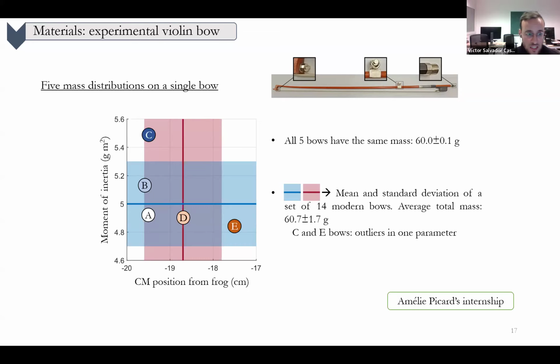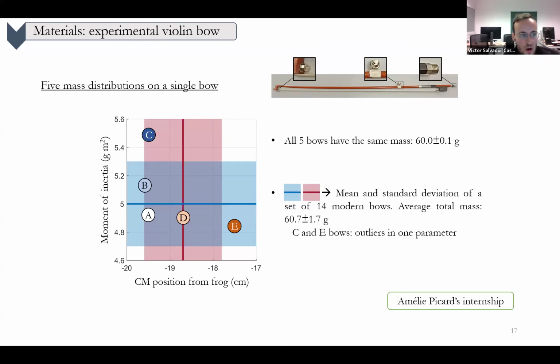And we saw that for our designed mass distributions A, B, and D, the values of the center of mass and the moment of inertia fell within the normal values, let's say, and both C and E were outliers in just one parameter. Bow C is an outlier in terms of moment of inertia, and bow E is an outlier in terms of the position of the center of mass.